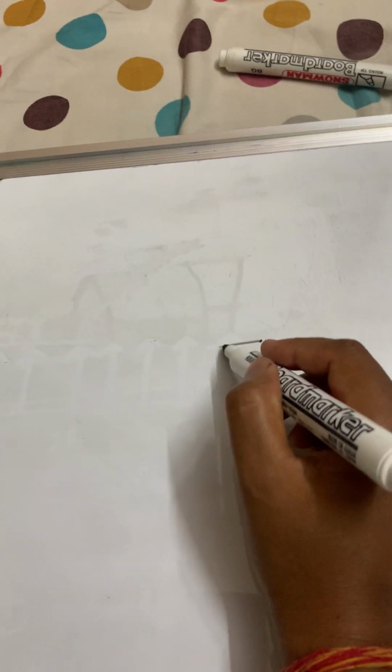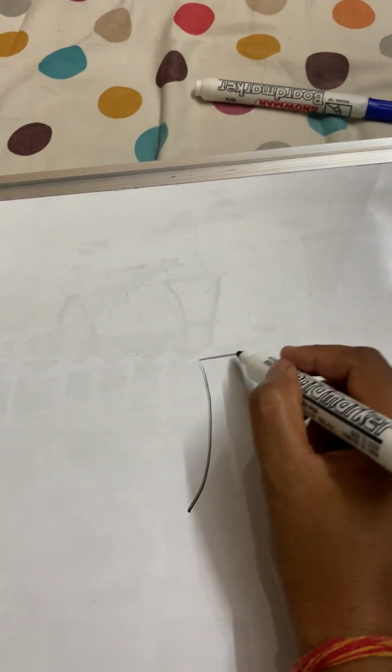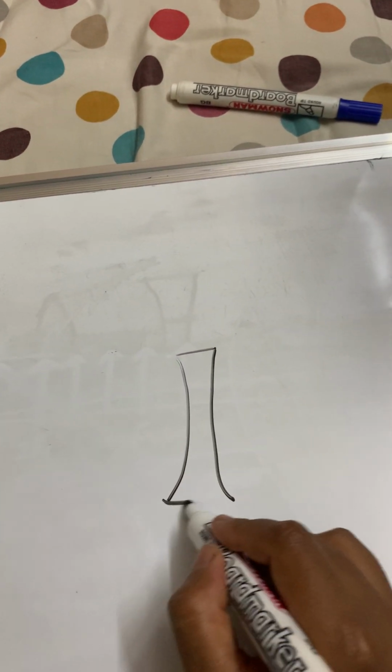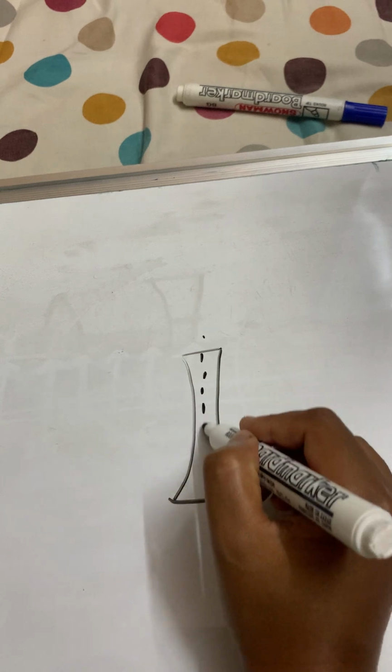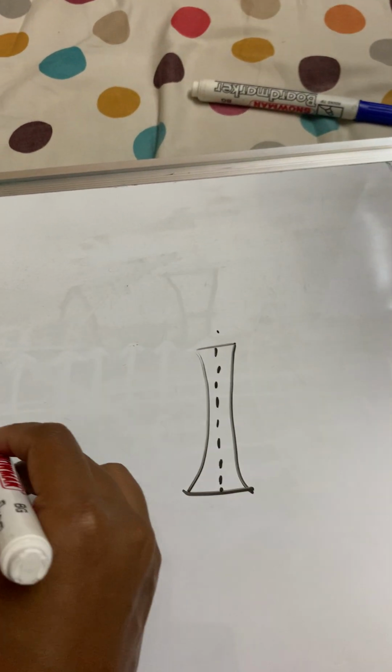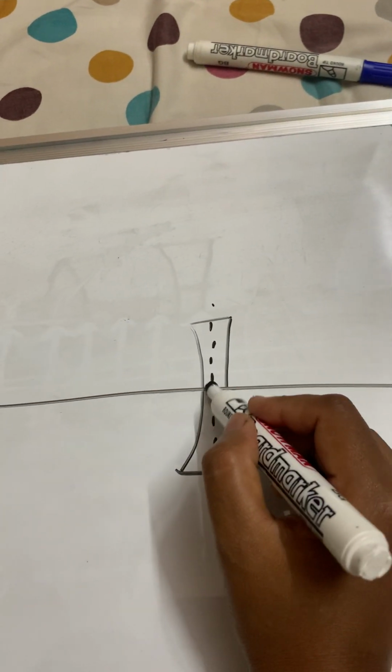For the concave lens, the concave lens is known as a diverging lens because it diverges the light rays. So this is an aperture. Then this is an optic center.